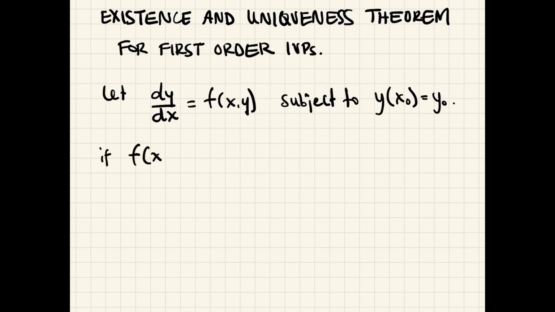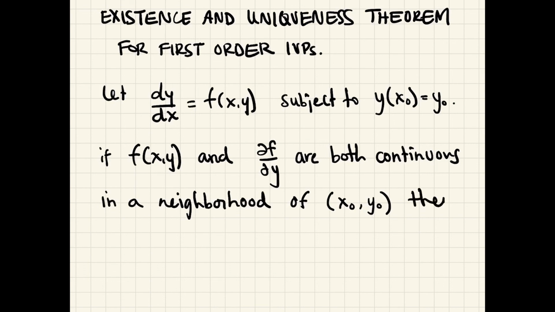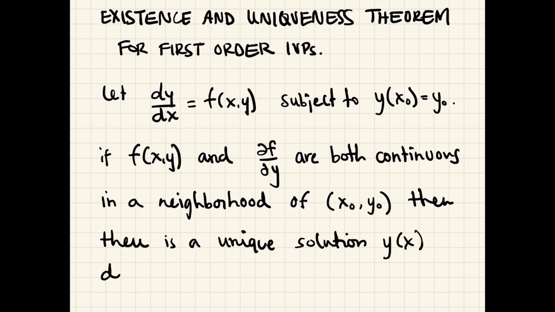If the right-hand side of normal form, so if that jumble of x and y is on the right, and the partial derivative of f with respect to y are both continuous in a neighborhood of the initial point x naught, y naught, then there is a unique solution y of x defined on an interval containing x naught.